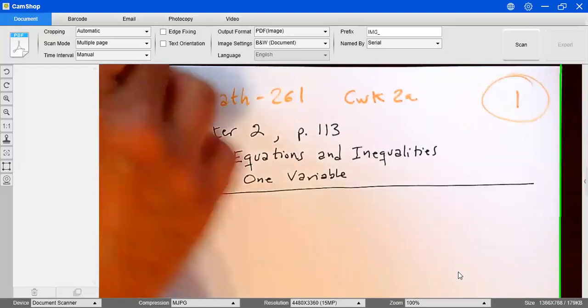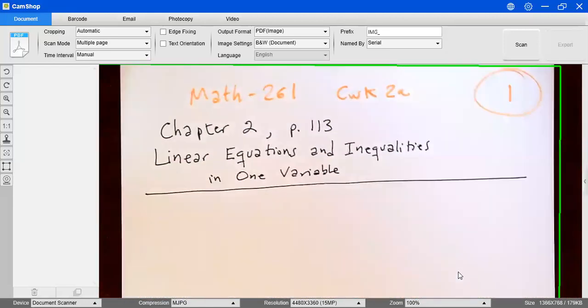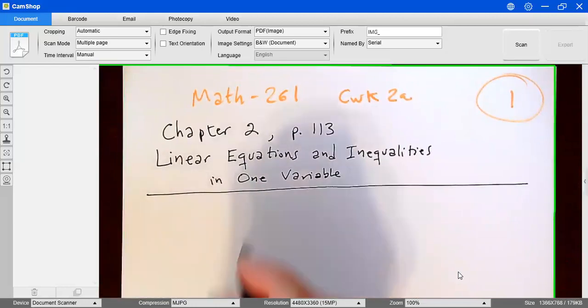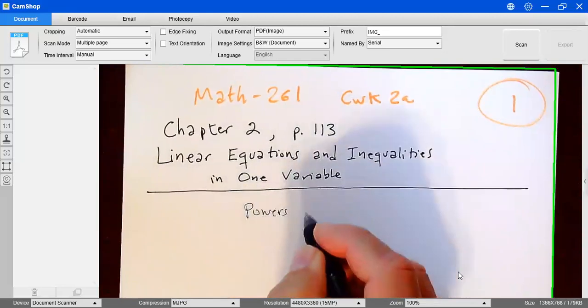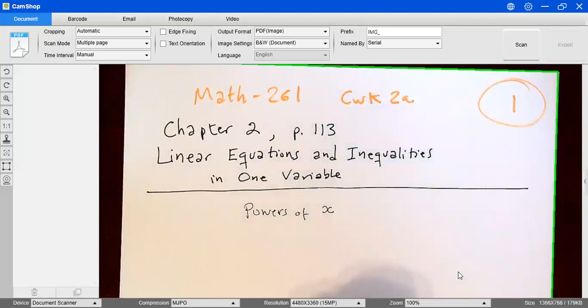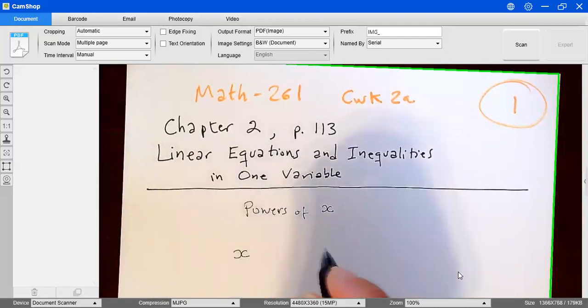We were talking about exponents, and we were talking about powers in the last part of chapter 1. If you remember, we have some powers of x. I'm going to write here, powers of x. And those powers are going to depend on the exponent. So if you have just x, the exponent is just 1.